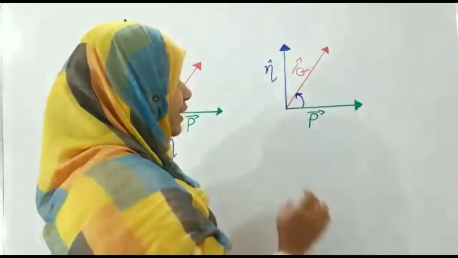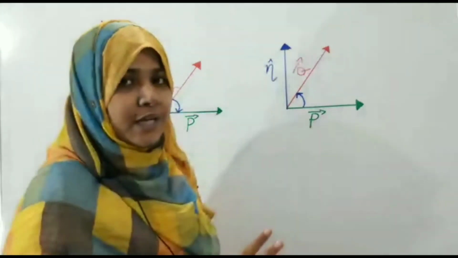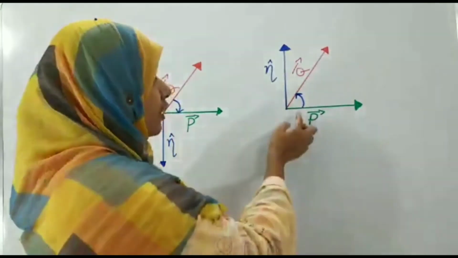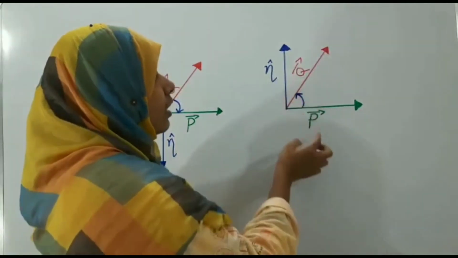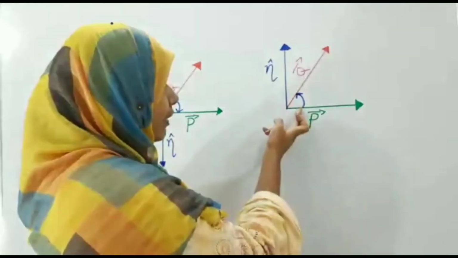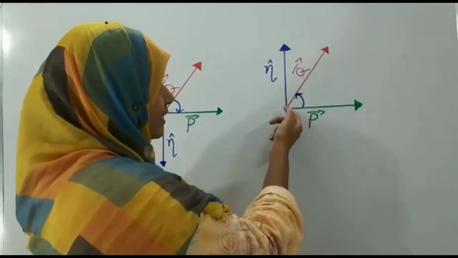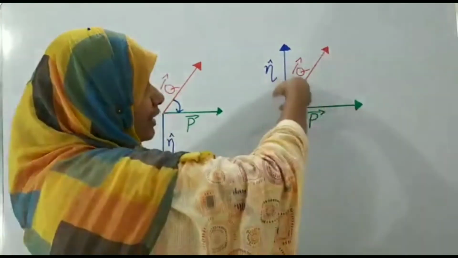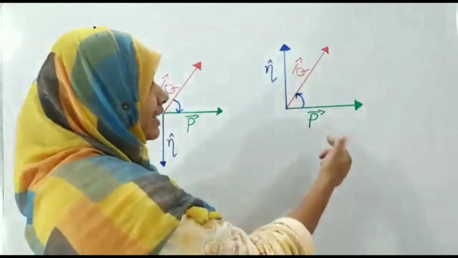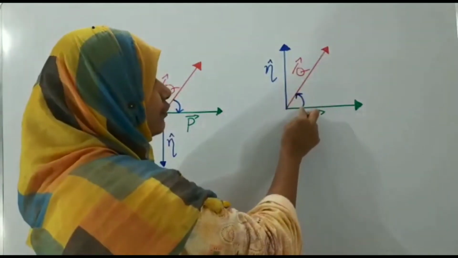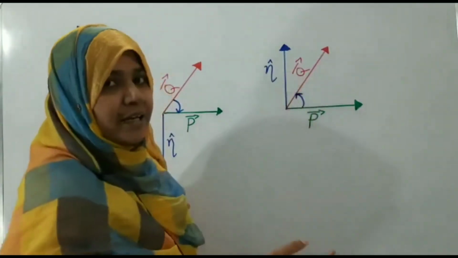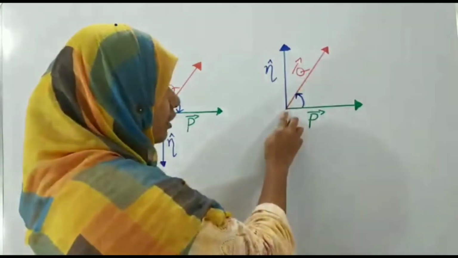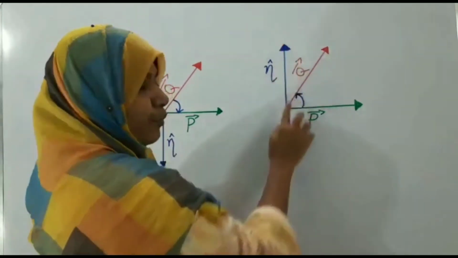Remember that whenever we are doing the cross product, we take the shortest angle between these two vectors to go from one to another. So here you can see that if we move our right-handed screw in the upward direction, then by making the shortest angle we can move from P to Q, and the direction of the screw will be upward.